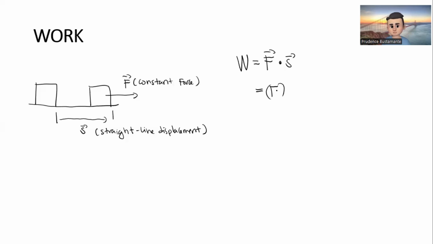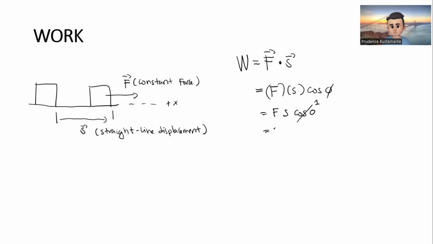So we have F, the magnitude of the force, times the magnitude of the displacement, times the cosine of the angle between them. If this is our positive x, they have the same direction, so we have F S cosine of 0, which is equal to 1.